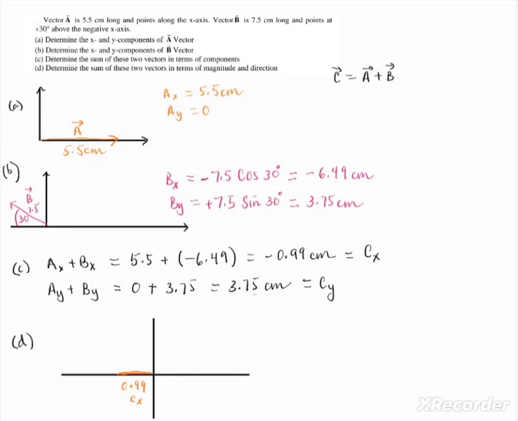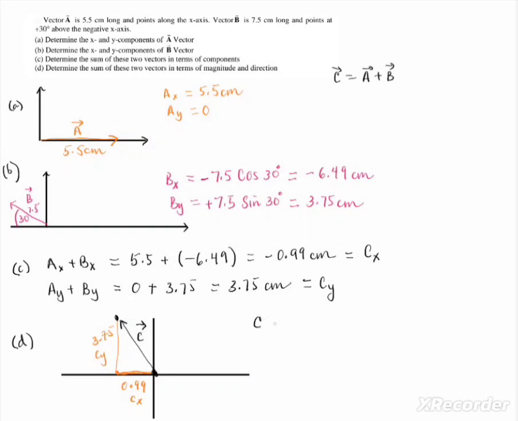And then we want to draw our Cy, which is positive. We don't want to go back to origin. We start here where Cx ended, and this is positive 3.75, so you go up 3.75. And then our C vector is from the start of Cx to the end of Cy. So our vector looks like this, and that is our C vector.